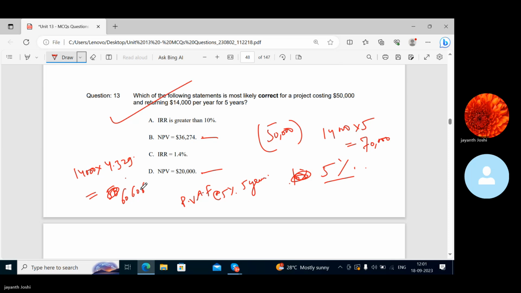For 2%, 4.713. That too is going to be 61, 62. What about 1%? 4.853. That means we are nowhere getting a value like that. What we are seeing is for 1% also, 4.853. Can you multiply and tell me this value?